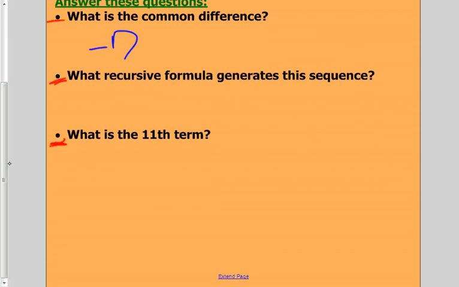Yep. What's the recursive formula that generates this function? U of 1 is equal to 20. Yep. U of n is U of n minus 1 minus 7. Perfect. And then, did you forget anything?